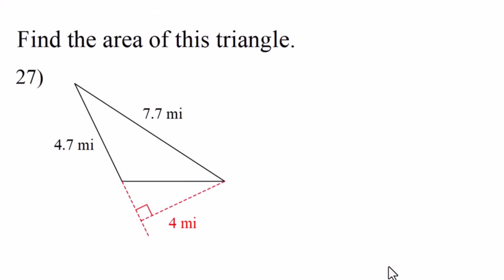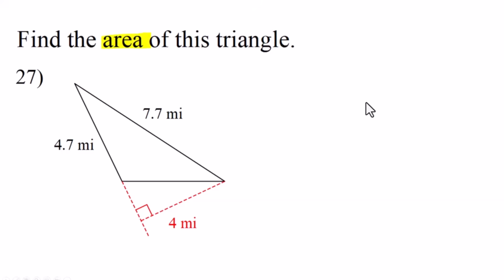Now we're going to do the area of a triangle. If the height is on the outside of the triangle, the height is always making a perpendicular with the base. So the height is 4. That's how tall it is. I know it's standing weird right now, but the way this is written, this is the height that they're giving us.